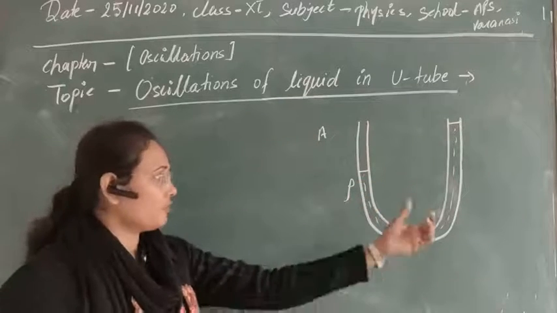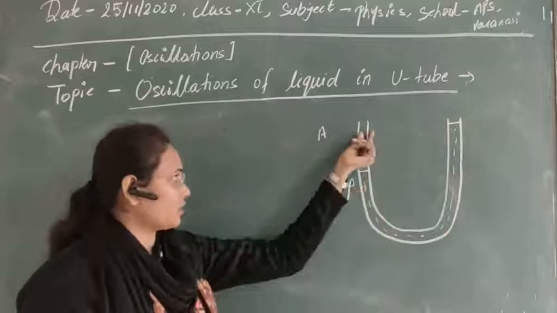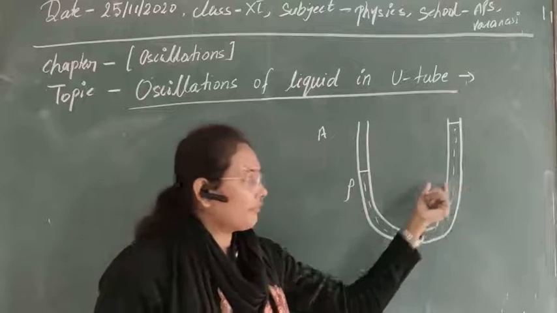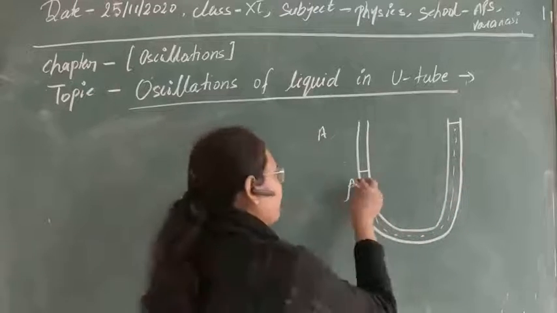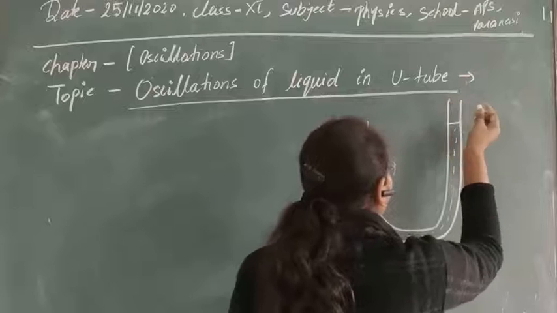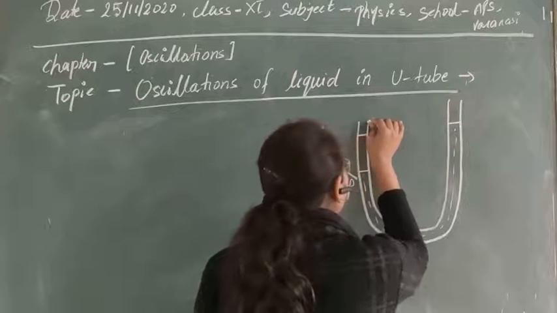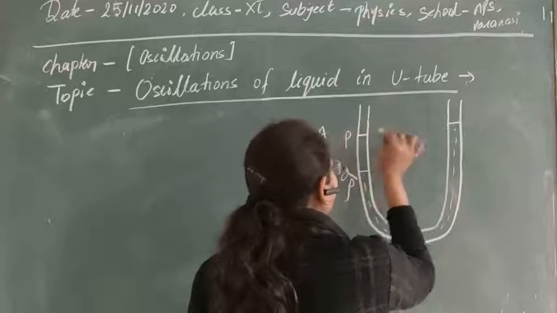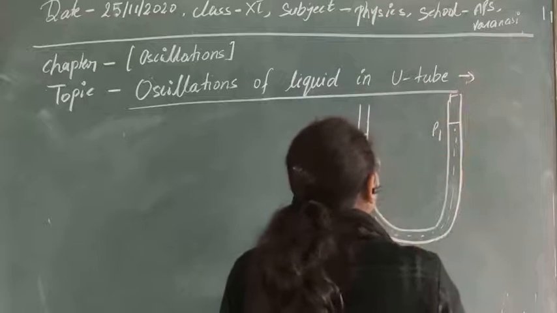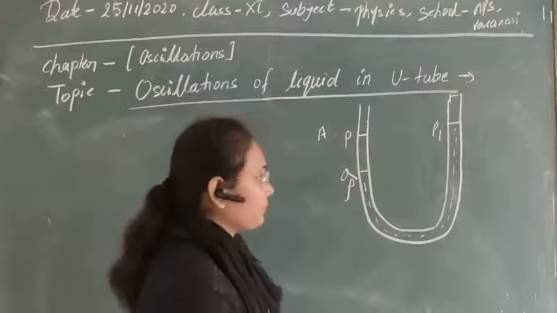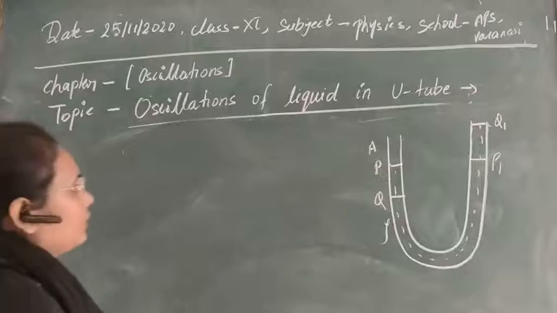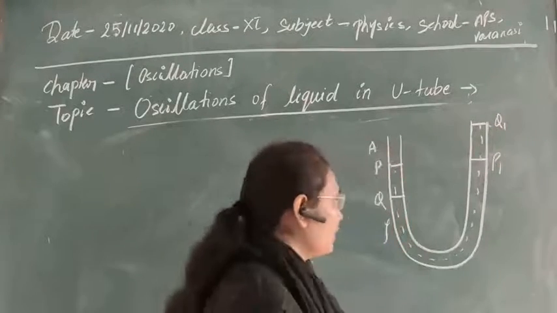The cross-sectional area of the liquid column will also be equal to A. Suppose this is point Q, this is point P, this is P1, and this is point Q1.